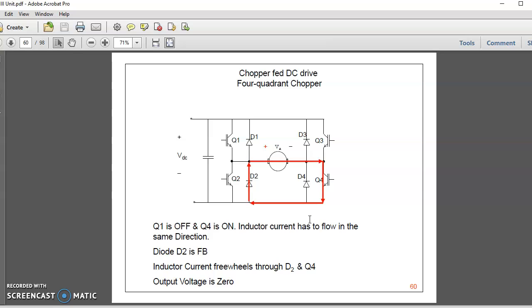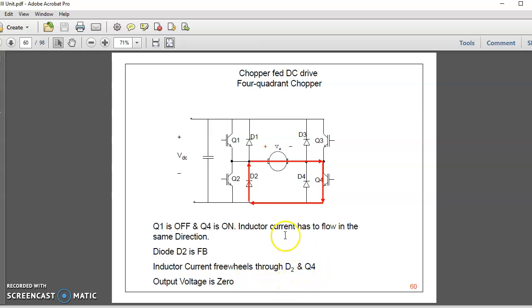Next we'll see the intermittent period. While going from the first quadrant to the second quadrant, it will not go directly. In this intermittent mode, Q1 is off and Q4 is continuously on. The inductor current has to flow in the same direction, so diode D2 is forward biased and the inductor current flows through D2 and Q4.